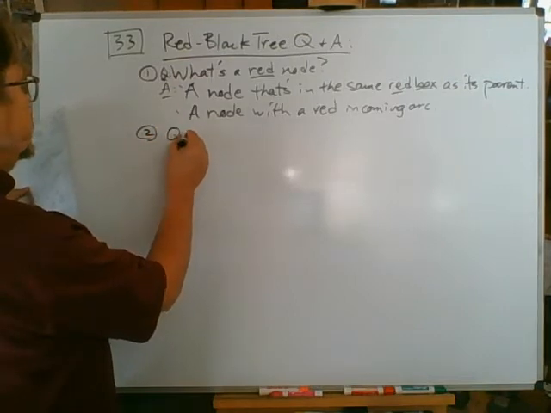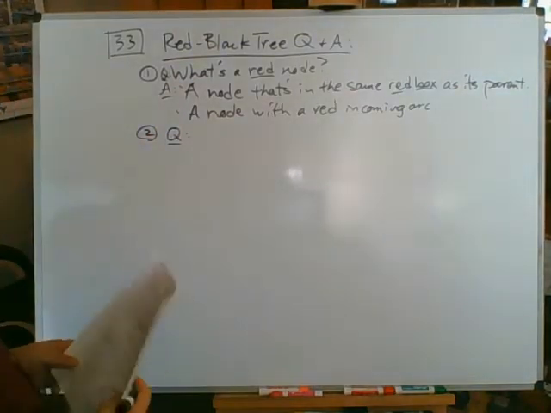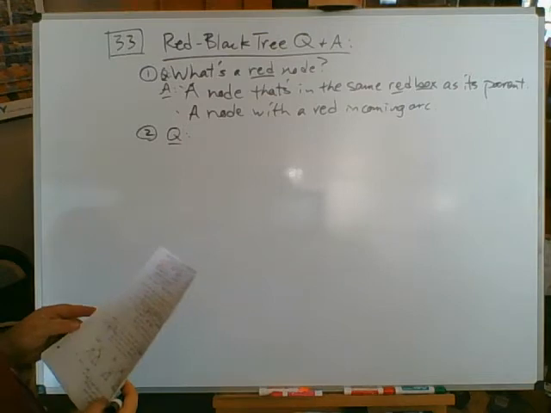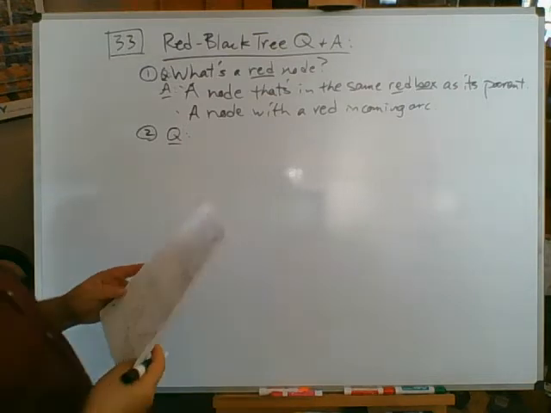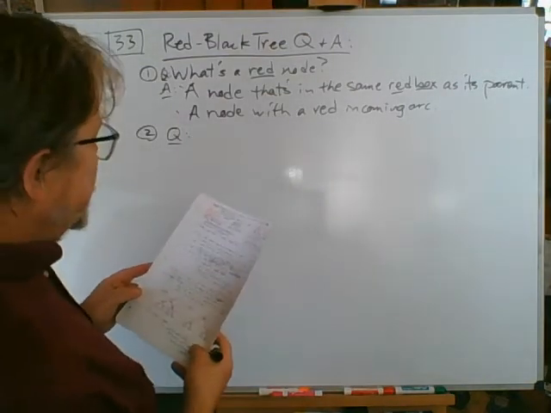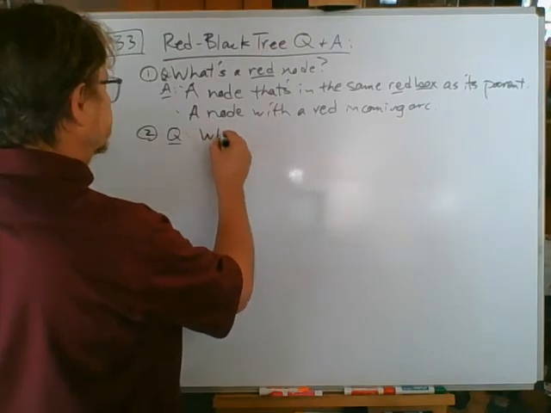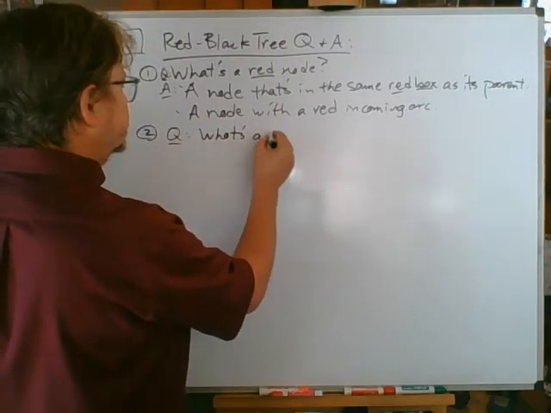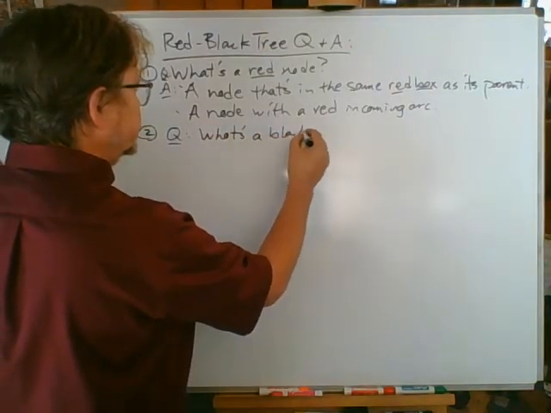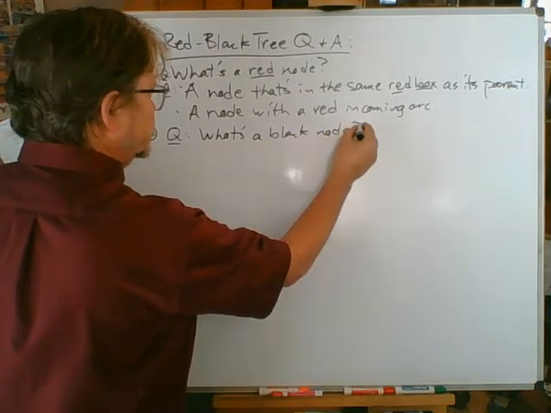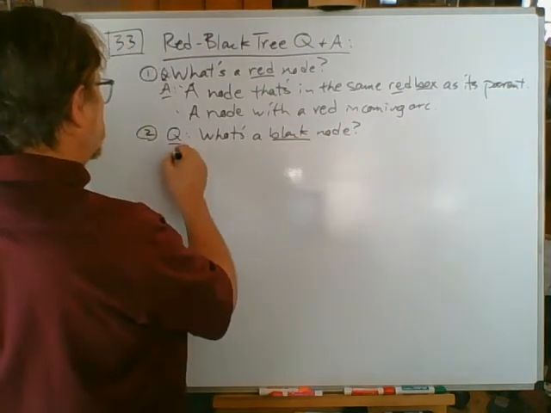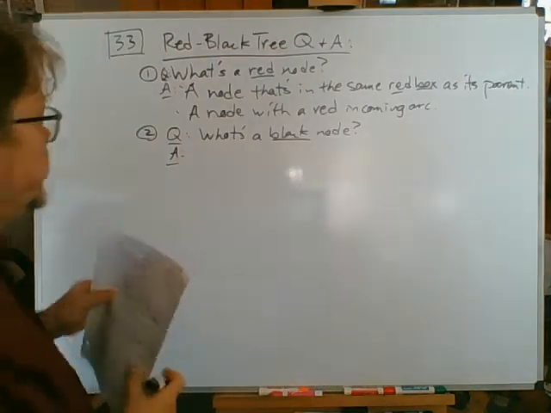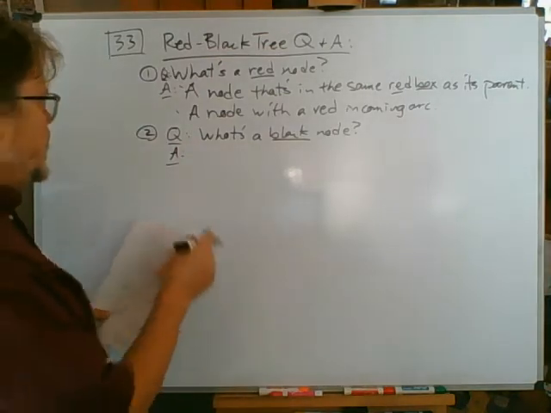Question 2. Let's see if we get another softball pitch. Although I've seen some softball pitches that go pretty fast. What's a black node? And sort of implicit in that question is, how is it different from a red node?